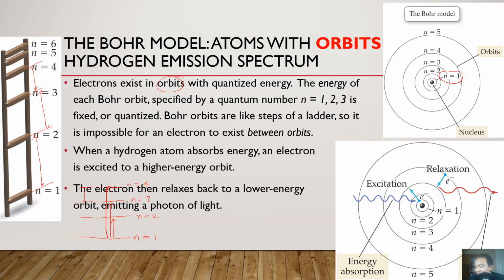You would like to go to a lower energy state to release the extra energy and become more stable. You can go to n equals 2, or you can go back to the ground state, n equals 1. When you absorb energy, that's so-called absorption. When you go from higher energy orbits to lower energy orbits, that's called emission.